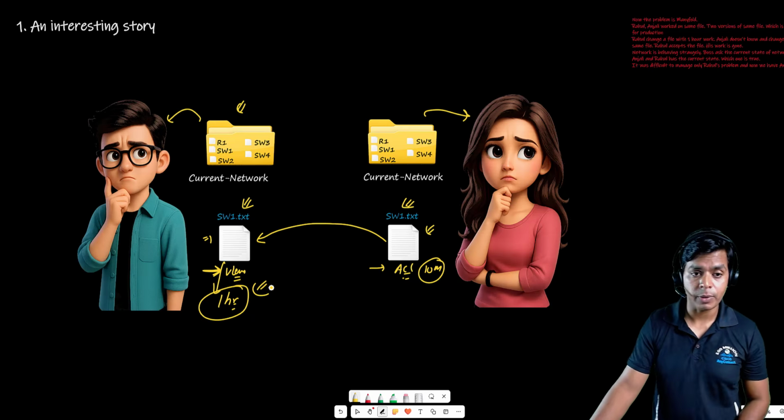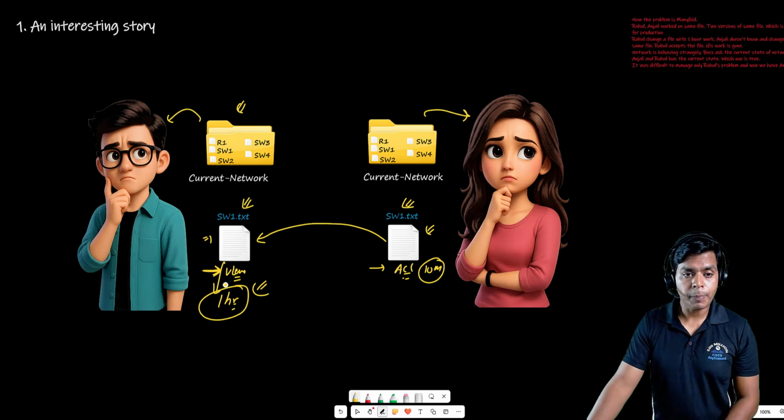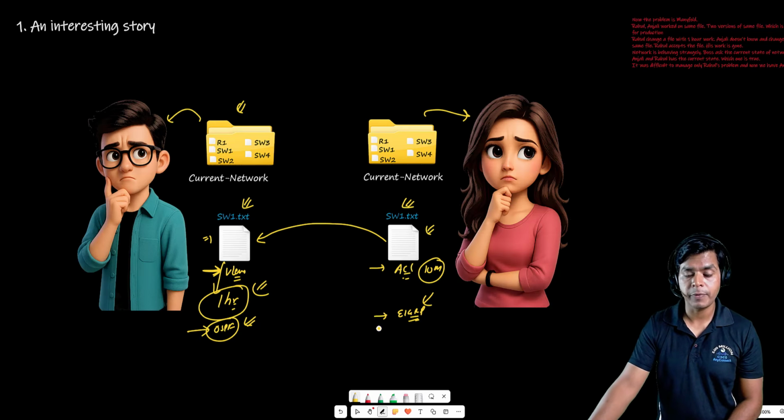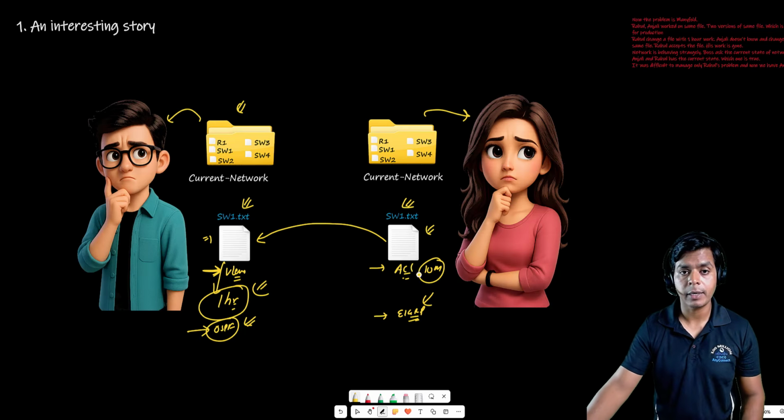Another problem, try to understand. Suppose on switch 1, Rahul would like to run the OSPF protocol and Anjali wants to do EIGRP, right? Maybe when Rahul put this line, Anjali deleted the OSPF configuration. Which version represents the current state of the network?